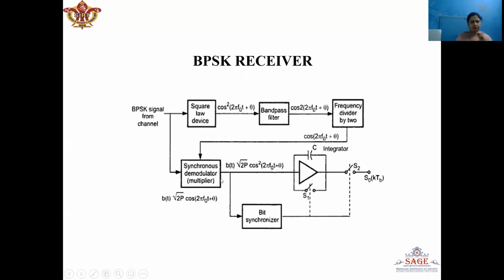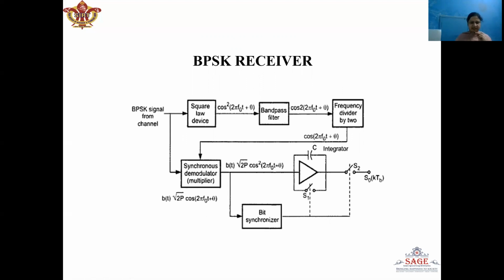So the output of the synchronous demodulator will be b(t) root 2P cos squared (2 pi f naught t plus theta). Now, for regenerating the message signal, we have used an integrator and dump receiver. In the integrator and dump receiver, at the beginning of the bit, the switch S1 is closed very briefly to discharge the integrator capacitor.